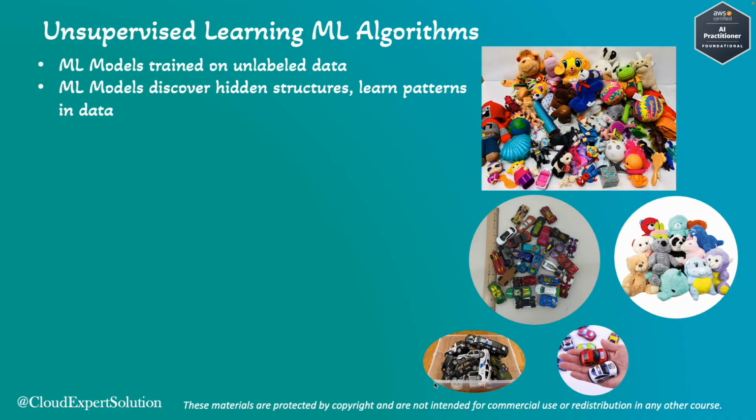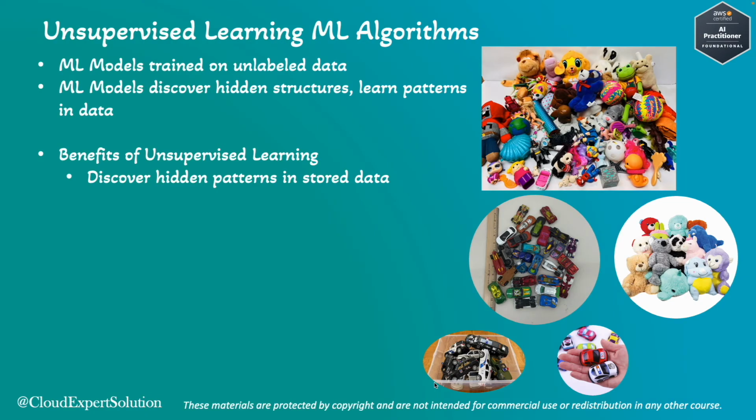Under unsupervised machine learning, the model discovers hidden structure and learns patterns in the data. In terms of the benefits of unsupervised learning, we can discover hidden patterns in stored data. Maybe you have transactional data for the last 10 years, 20 years, and if you want to discover any hidden pattern, this is the perfect use case.